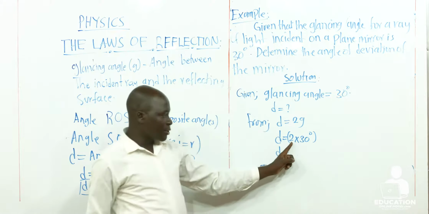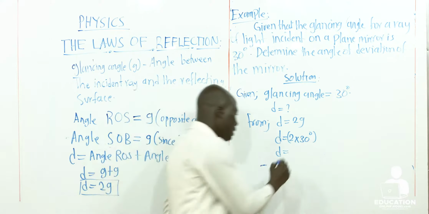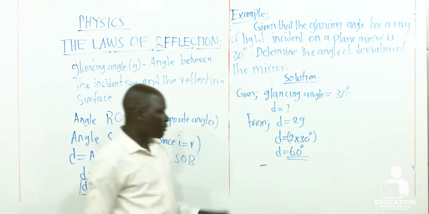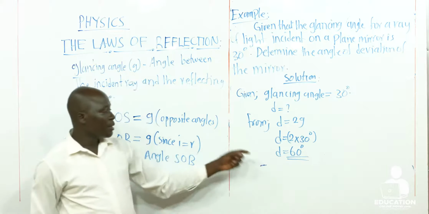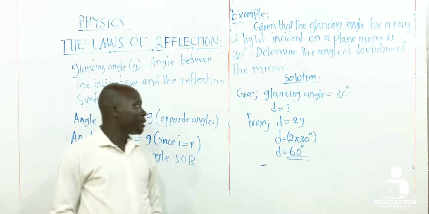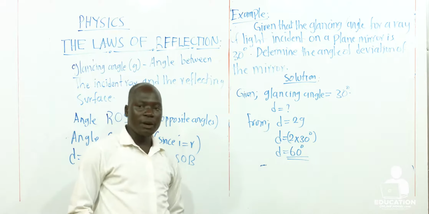Then when you multiply 2 times 30 degrees, you're going to get 60 degrees. Therefore, the angle of deviation is 60 degrees. So dear learners, this is how we can determine the angle of deviation.